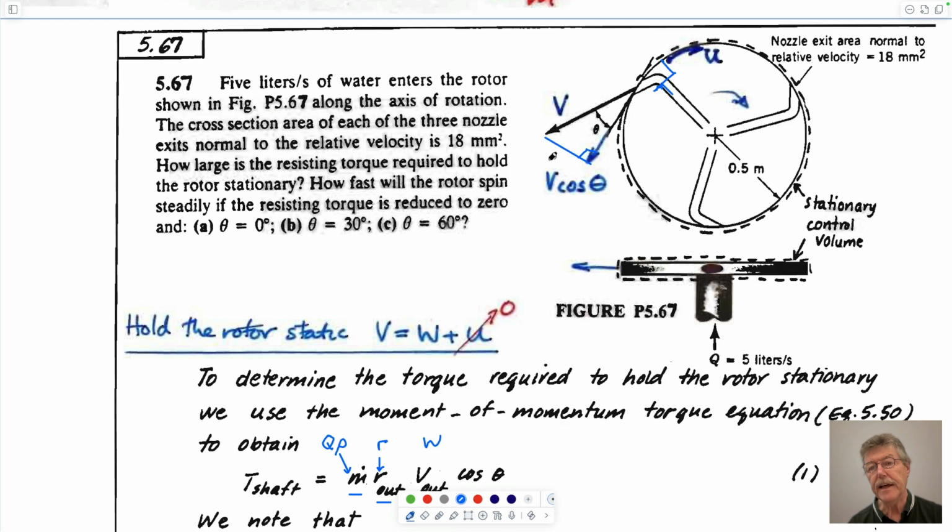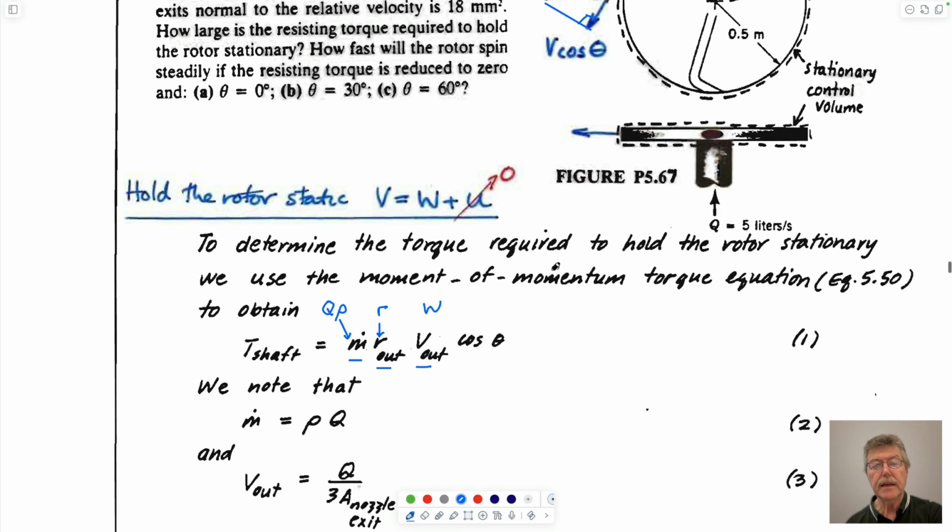And this would be V sine alpha, but we don't need that. And I guess in this case, this could also be written as W plus VCS. But in this case, we're holding it static, so VCS is equal to 0.